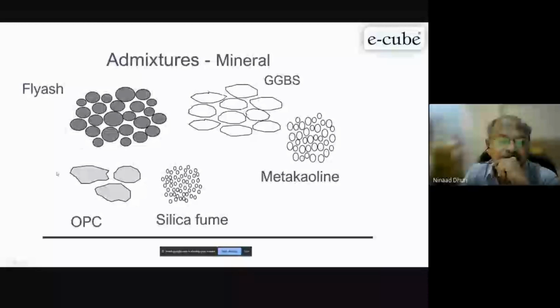If 100% OPC requires X water, and you make it 80 and 20 with fly ash, you will find less water is required for the same workability, because the surface area of these particles is minimal and the internal friction is also minimal. So you get a very good cohesive mix.